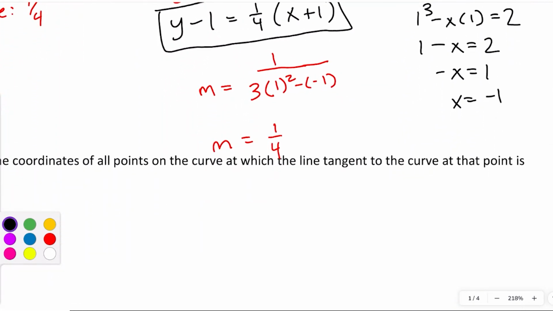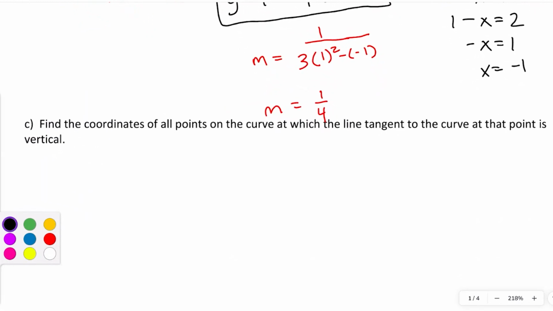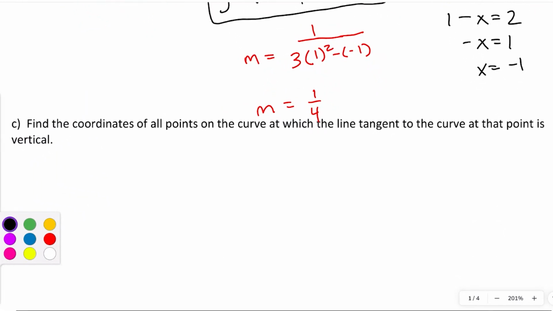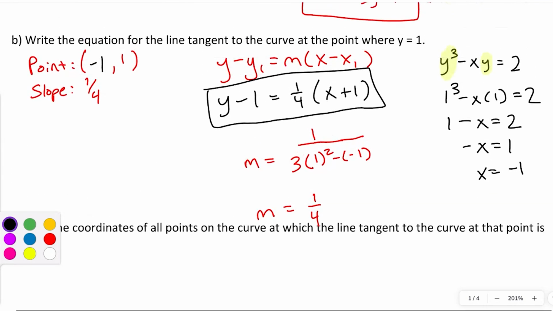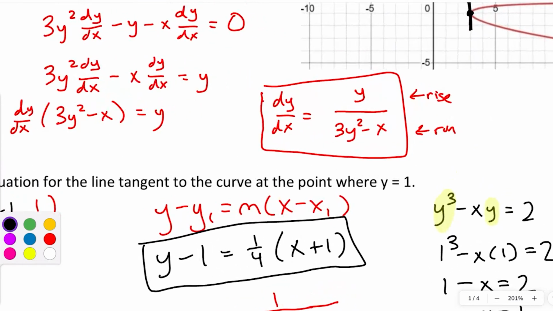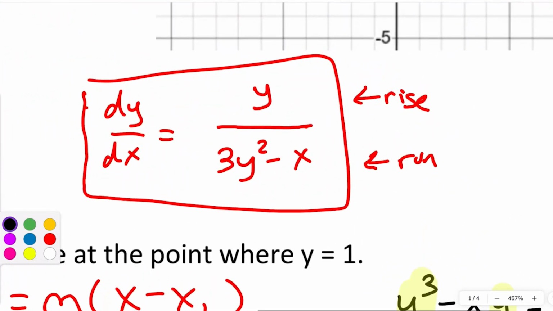A little bit of calculus, a little bit of algebra here. Okay, so what is true about the slope of a vertical line? It's undefined, right? So if we have an equation for our slope up here, what is going to have to be true about this equation in order for it to be undefined?